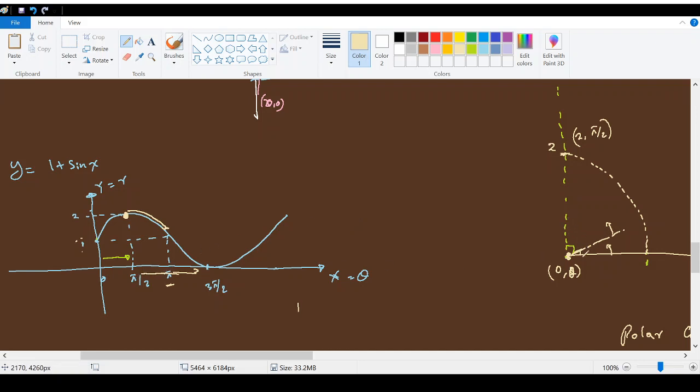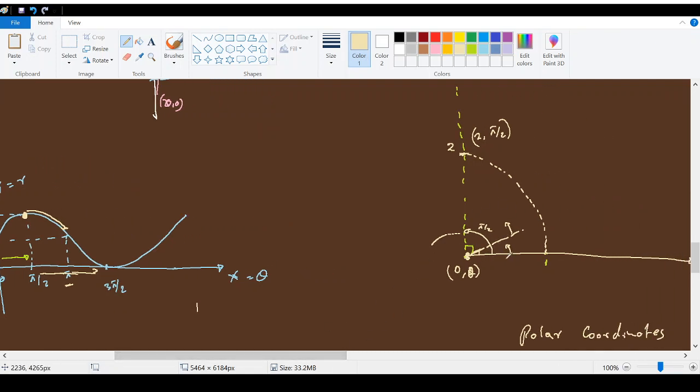So it starts at this angle, which is pi by 2, and then it keeps on increasing because we are measuring the angle starting from this axis, right? So when it goes in the anti-clockwise direction, it increases, up until pi.